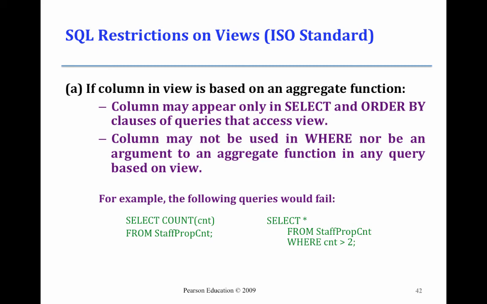The first is counting the number of staff members in the staff property count. And that's illegal because this count was already computed from an aggregate function. It was a count of the number of properties that a staff member managed. So that's illegal.